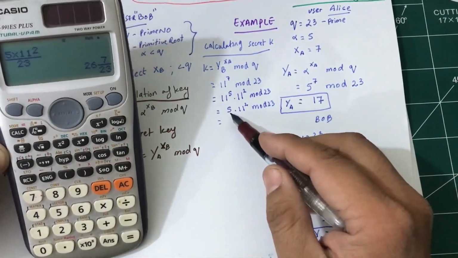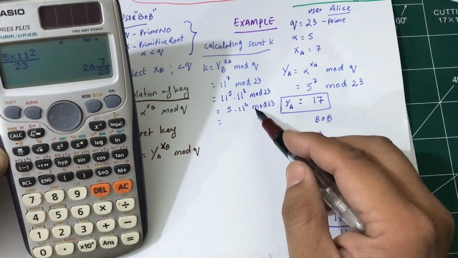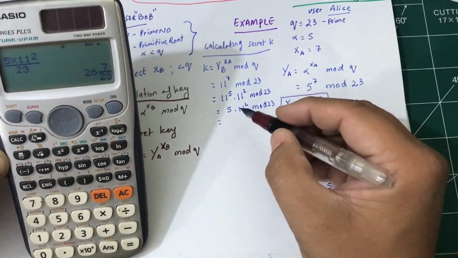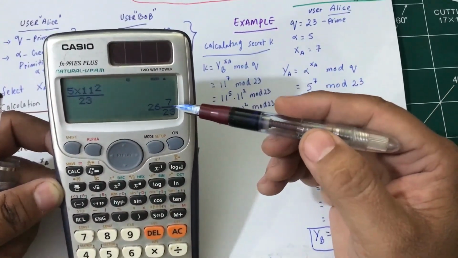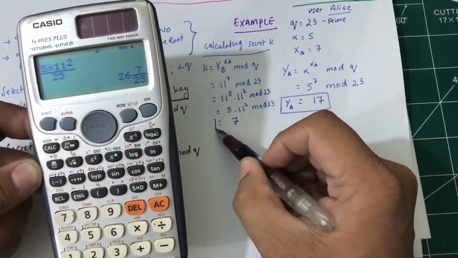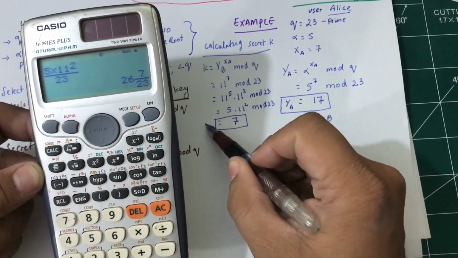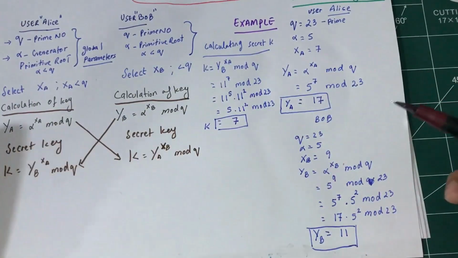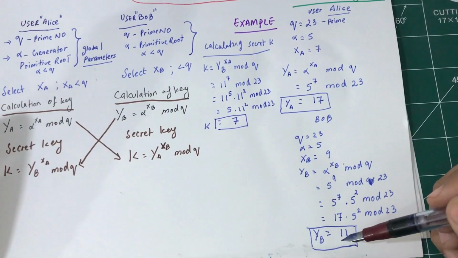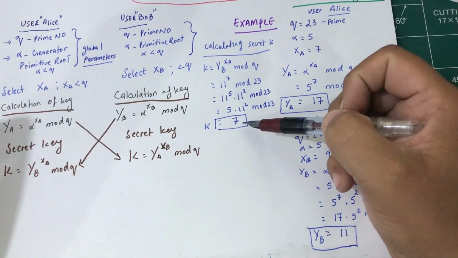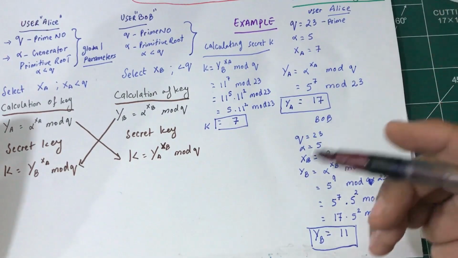So this whole thing, 5 multiplied by 11 raised to 2 mod 23, would give me a remainder of 7, as you can see on the screen of my calculator. So this is the K. Based on what she has received, YB from Bob, she has calculated her secret key, which is going to be the actual key.